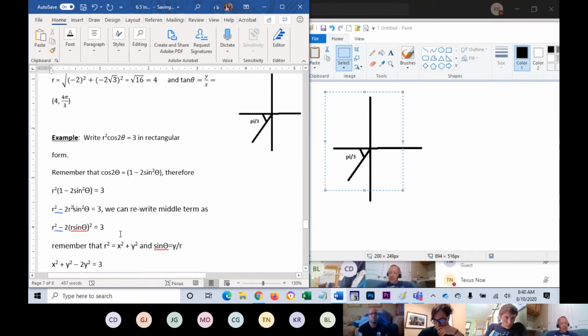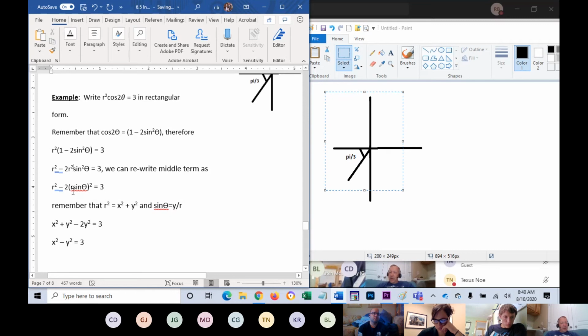And so we can rewrite this as r squared minus 2 times r sine theta quantity squared equals 3. And we remember that r squared equals x squared plus y squared. So I can substitute this in for here.